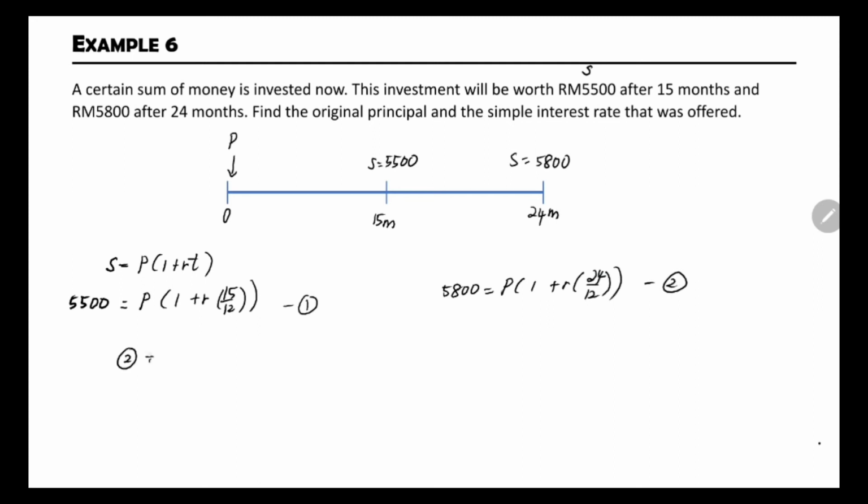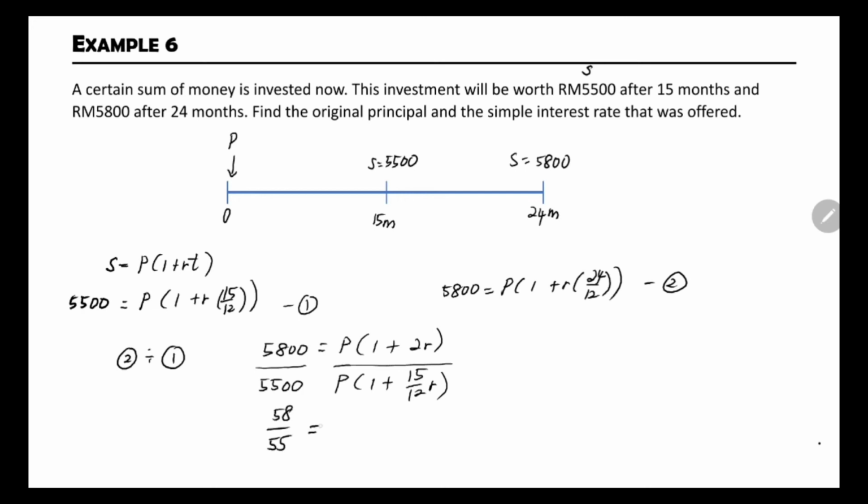Simultaneous equation: 2 divided by 1 gives us 5,800 equal to P(1 plus 2R) divided by 5,500 equal to P(1 plus 15 over 12 R). Simplify, we get 58 over 55 equal to (1 plus 2R) divided by (1 plus 15 over 12 R). So 58(1 plus 15 over 12 R) equal to 55(1 plus 2R).